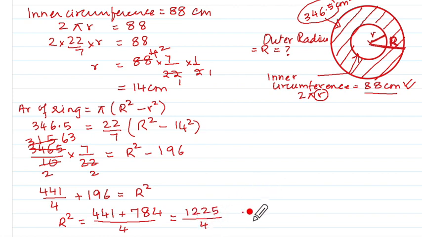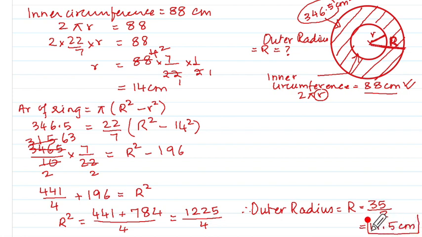So therefore your outer radius, which is equal to R, will be under root this. So that will be 3 4 is 12. So it will be 35 upon 2, which will be 17.5 centimeter, and this is our answer.